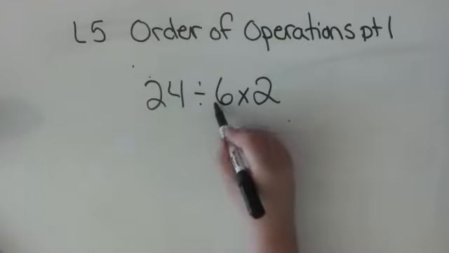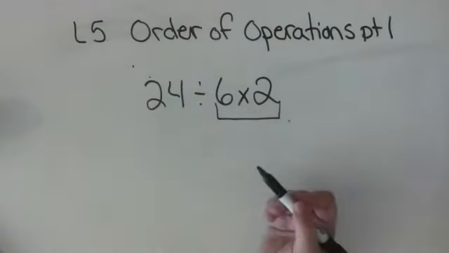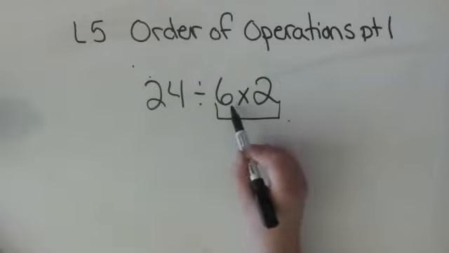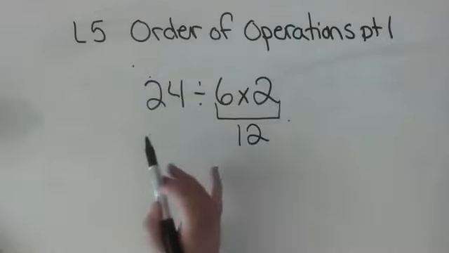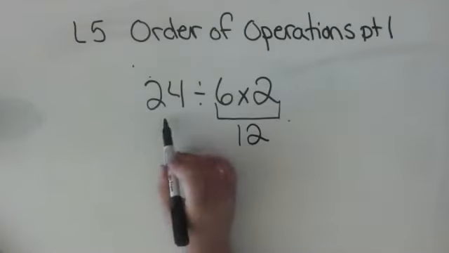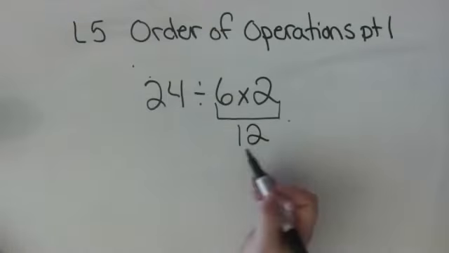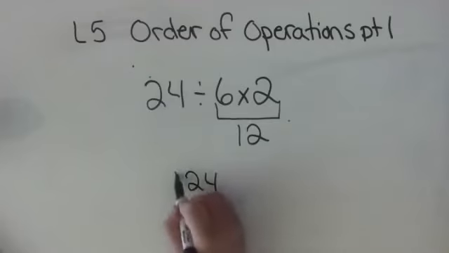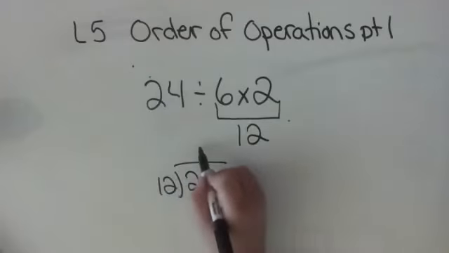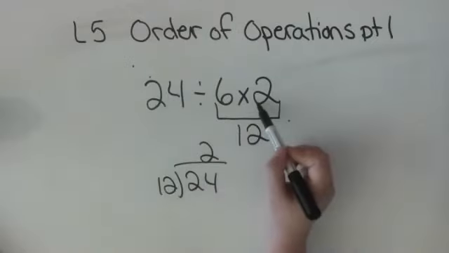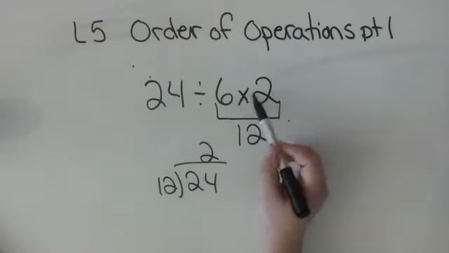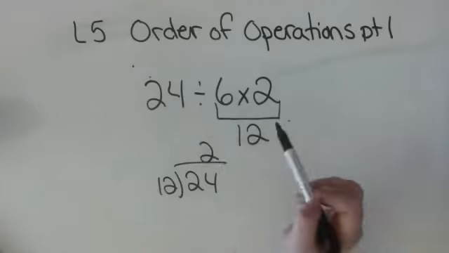So we need to solve our multiplication first. We would solve 6 times 2, which is 12, and then do our division, 24 divided by 12, which would give us 2.